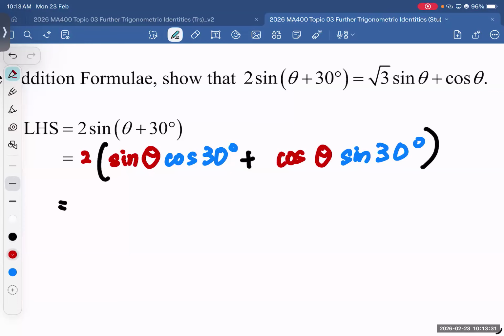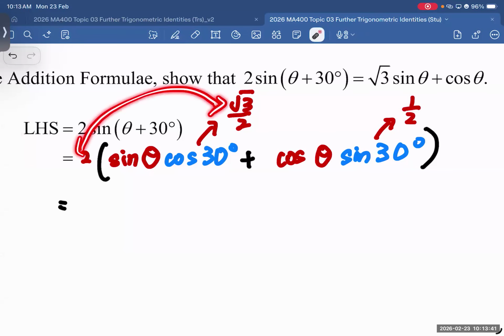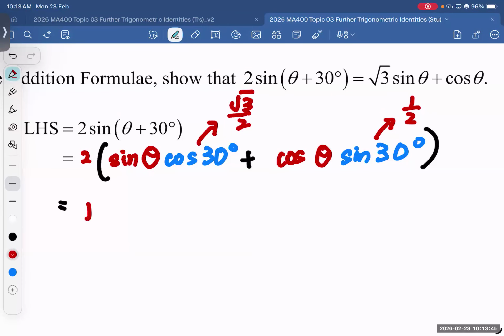So 2 sine theta, cosine 30 is square root 3 over 2, and sine 30 is half. Merging these together, straight away you can see I will get square root 3 sine theta plus cosine theta.